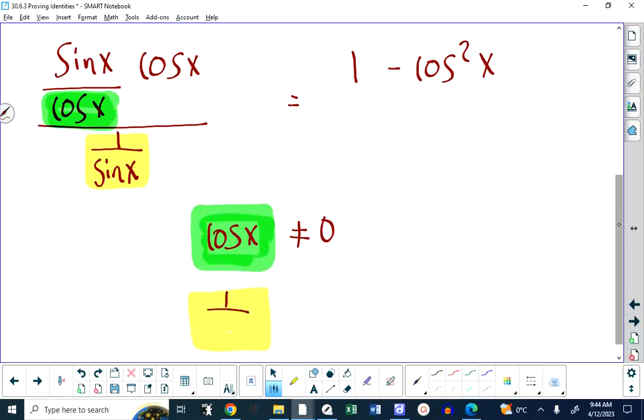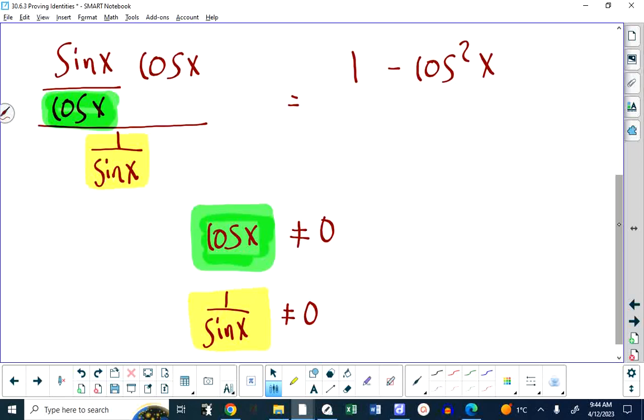We have 1 over sine of x is not allowed to be 0, because 1 over sine of x is a denominator. The fact of the matter is 1 over sine of x will never be 0 because it's 1 over something, but we'll get to that in a minute. Are there any other denominators in this expression? I'll give you a hint.